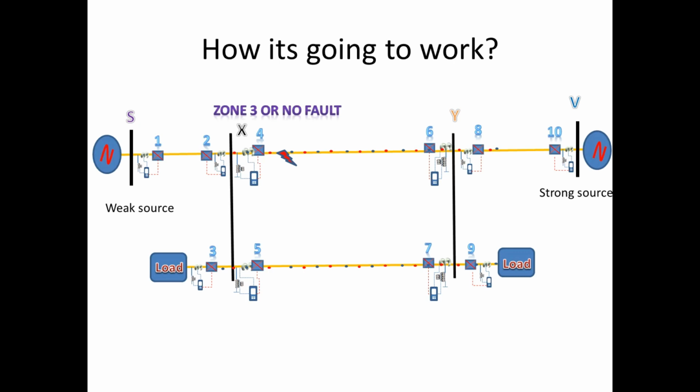It may detect zone 3 or maybe no fault, but the relay over breaker 6 will detect zone 2 or zone 1 depending upon the fault location, and the breaker will trip and it will send the carrier signal towards the breaker 4 relay. This is how the weak in feed will work. This is the condition for weak in feed.